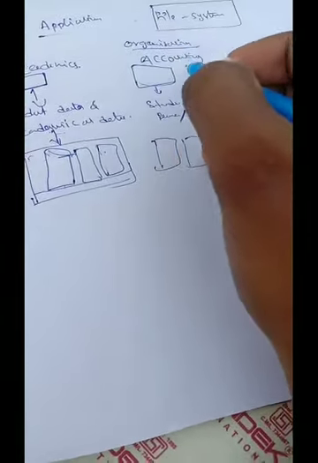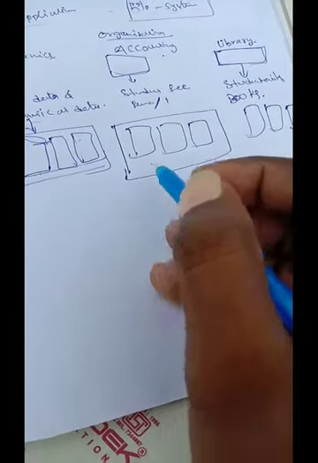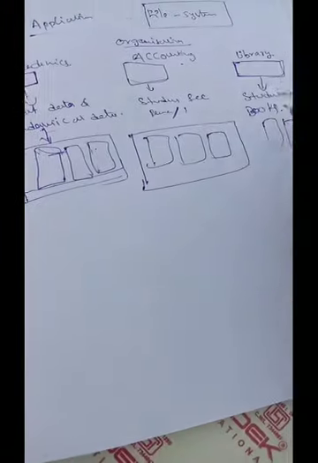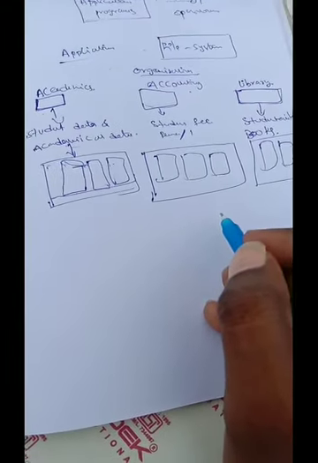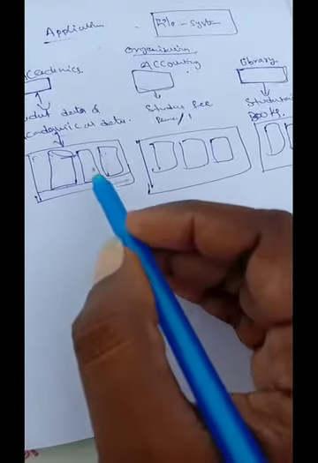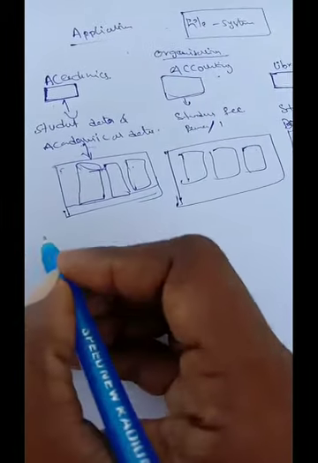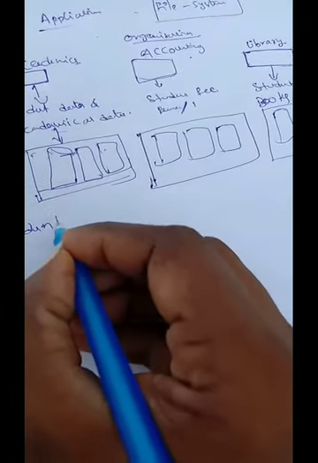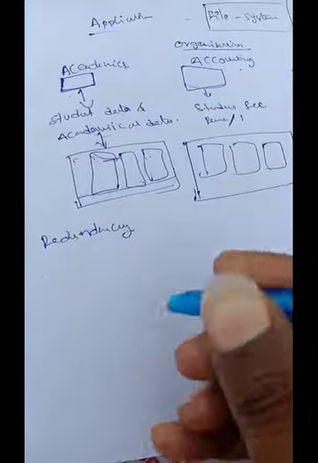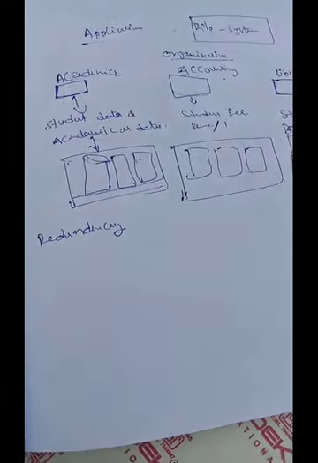If the accounting application changes some information regarding the students, it is stored in its own file, so the changes are reflected in those files only, not in the other applications. This causes the problem of redundancy. Redundancy means maintaining duplicate copies in different locations.